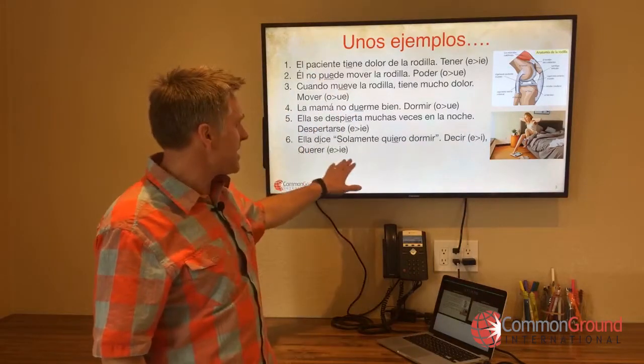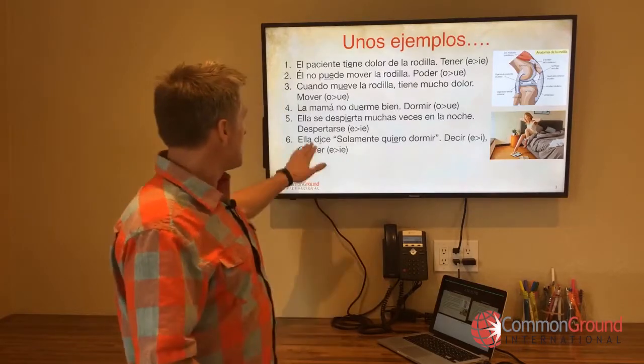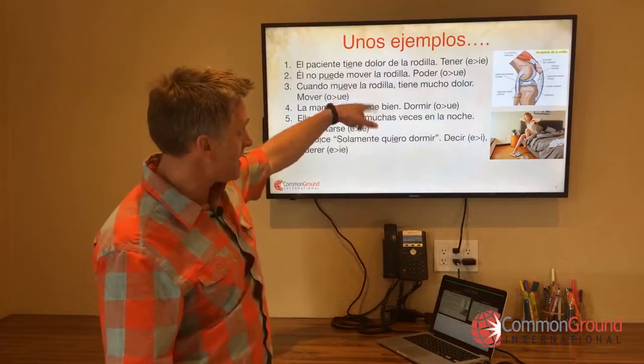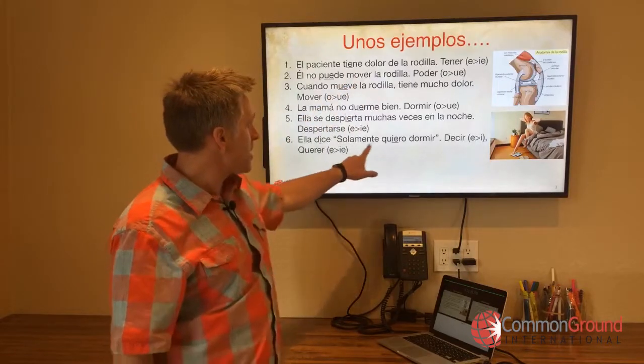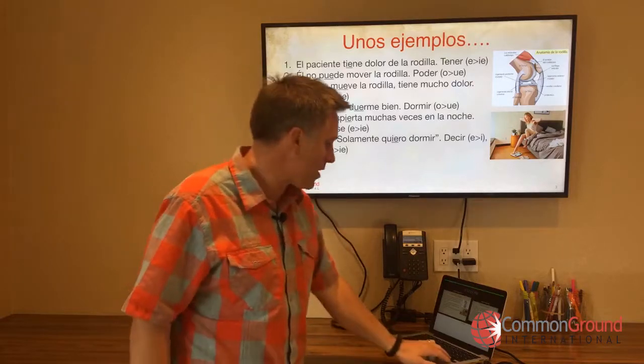Ella dice, she says, solamente quiero dormir. I just want to sleep. Dice comes from decir, e to i, a different kind. We haven't seen that one yet. And then quiero, e to ie. Okay? Solamente quiero dormir.